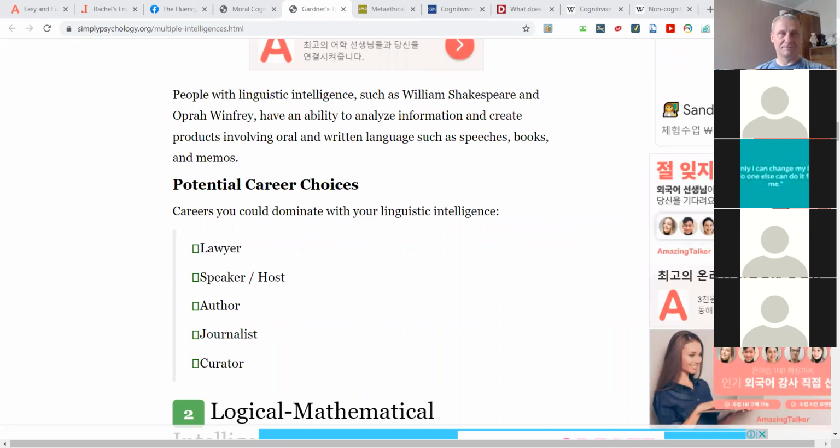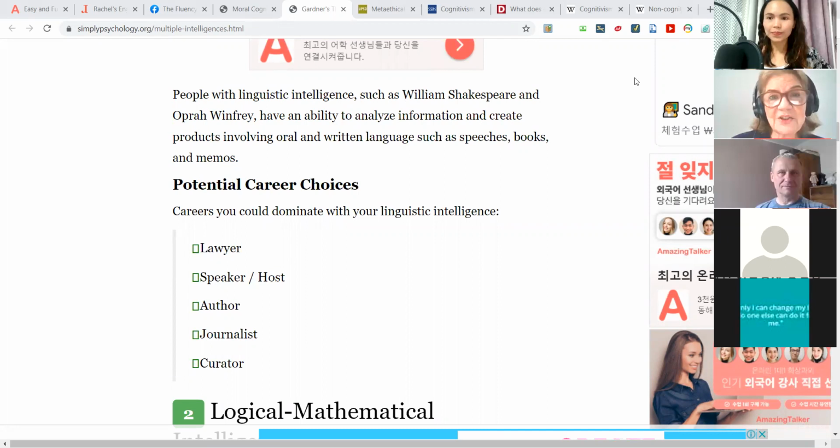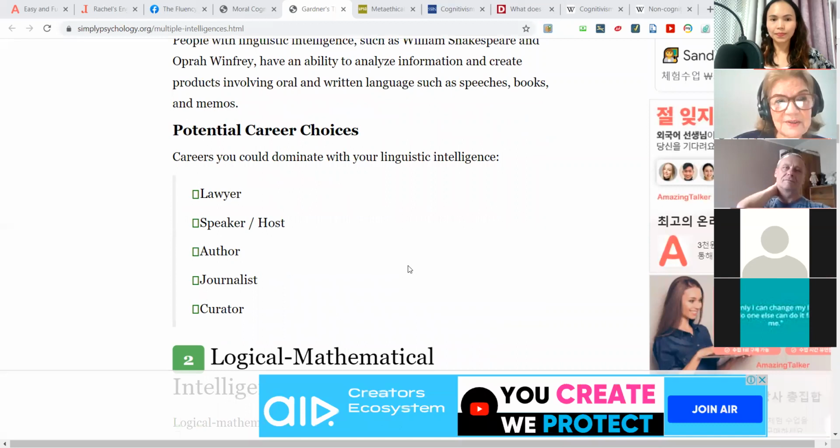People with linguistic intelligence, such as William Shakespeare and Oprah Winfrey, have an ability to analyze information and create products involving oral and written language, such as speeches, books, and memos. Potential career choices, careers you could dominate with your linguistic intelligence: lawyer, speaker, host, author, journalist, and curator.